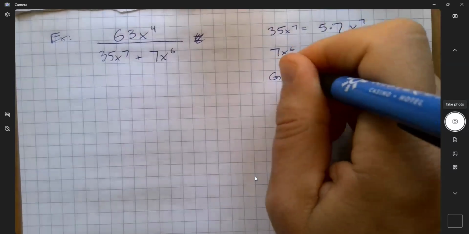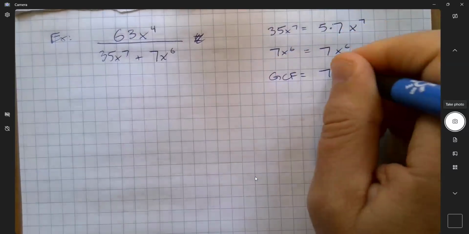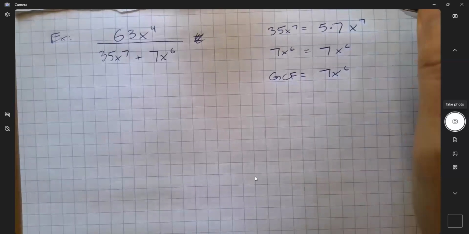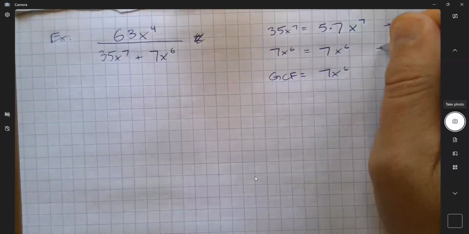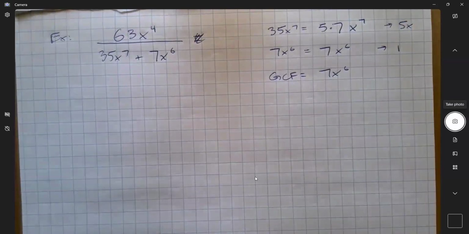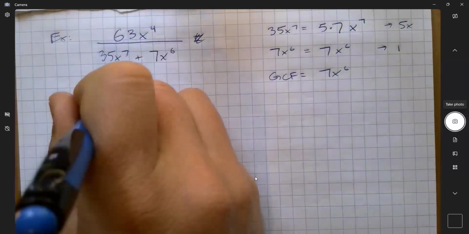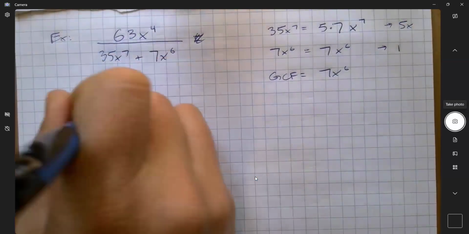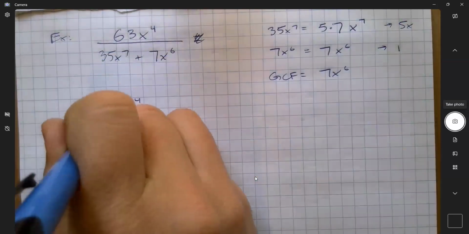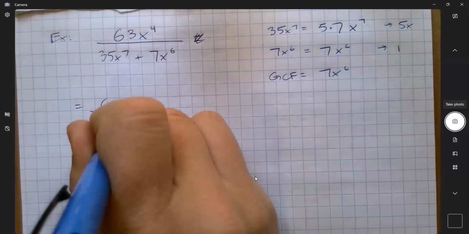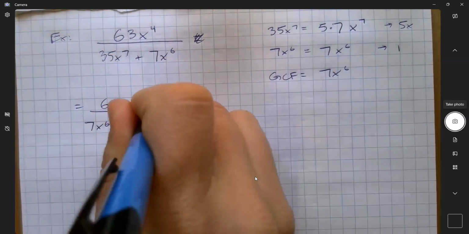So my greatest common factor is going to be 7x to the 6th. And my leftover in the top is going to be 5x. And I'm not going to have any leftovers in the bottom, so that's the 1. So the bottom is going to be 7x to the 6th times 5x plus 1.